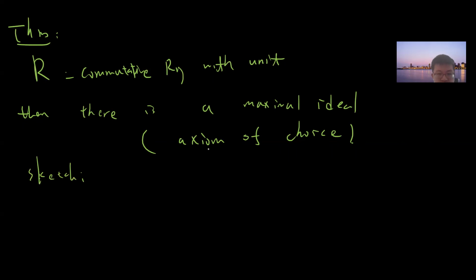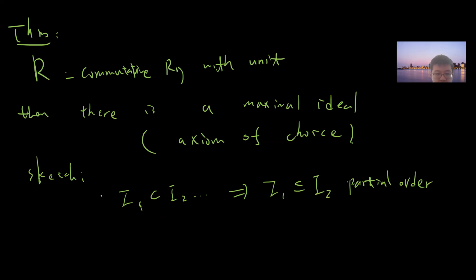In order to prove it, you say that if you have a lot of ideals, then you can define a partial order. If you have two ideals, then you can say I1 is less than or equal to I2 if I1 is contained in I2. So this is the partial order.